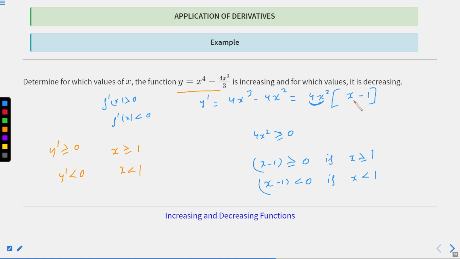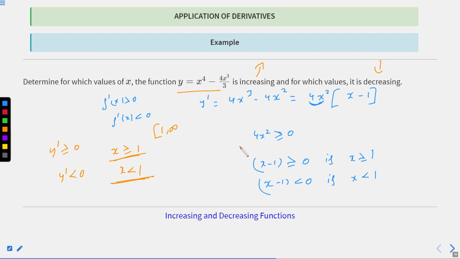You can see that if you put any value less than 1, say 0, then it will be negative. So your derivative will be negative. Whenever you choose x less than 1, you will be facing the function as decreasing. And in the closed interval 1 to infinity, the function is increasing.